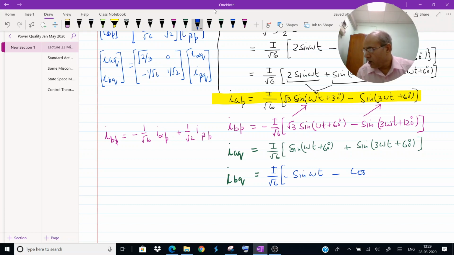Or you can also write it in the form of sine as well: 3 omega t plus 30 degree.